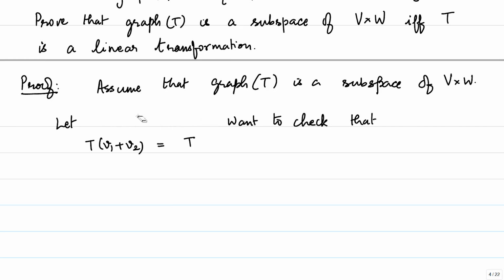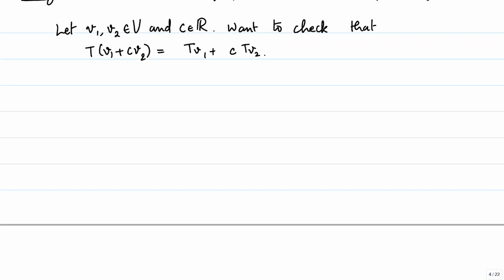So let's change it a bit. Let V1, V2 be in capital V and c be in R, in the field of scalars. Then T of V1 plus cV2, we would like to show that this is equal to TV1 plus c times TV2. So this is our goal, right? Okay, let's see what can be established.